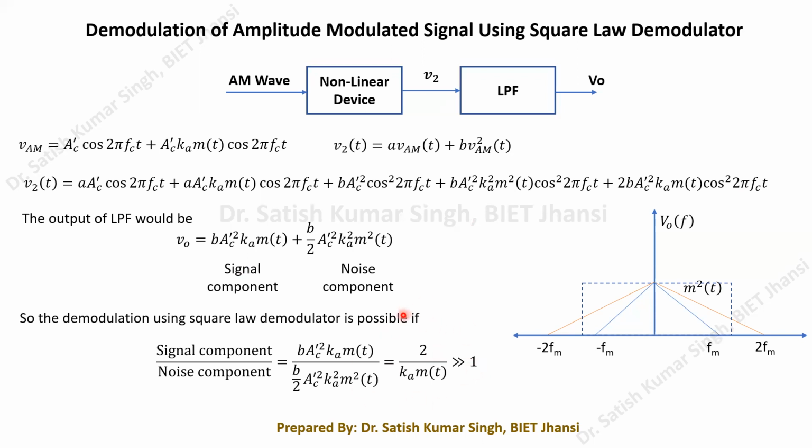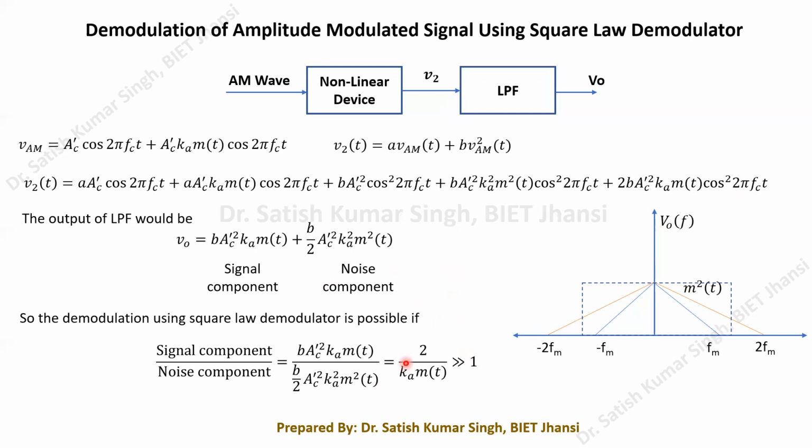If it is satisfying this condition, 2 upon ka m(t) much larger than unity, it means that the signal component is much larger than this noise component. And therefore, whenever we are receiving, the signal quality will not degrade much. The signal will be available and we will be able to reliably get the information or message signal, whatever we have sent from the transmitter side, at the receiver side.